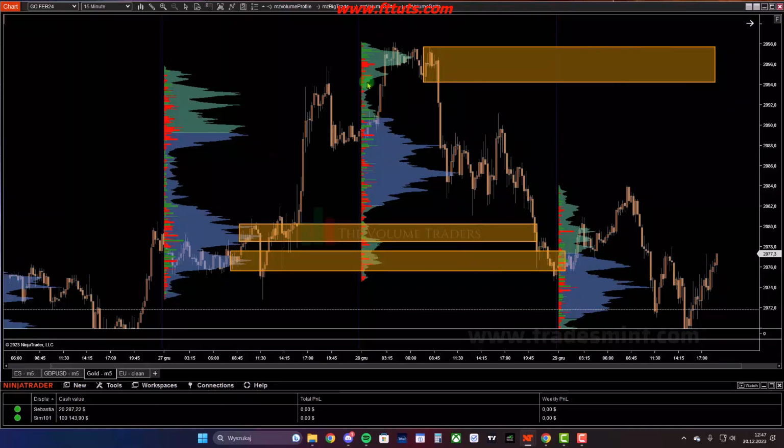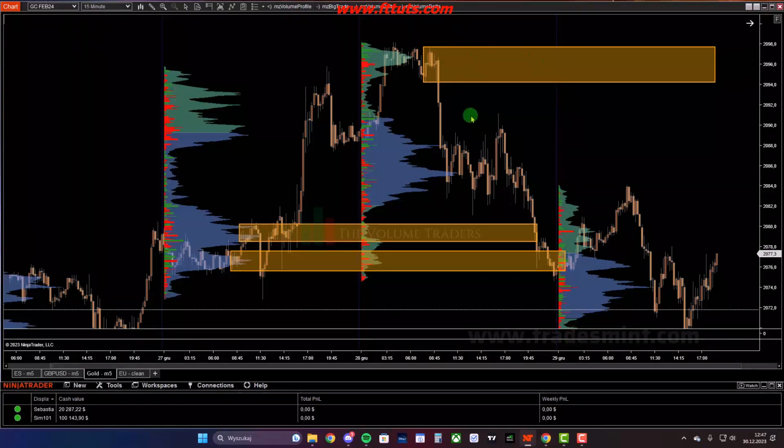But I love to use the volume profile because it confirms that it was really not just a move, for example in the end of the session, like a range, but really high volume appeared. A lot of orders got filled here. There was a fight between buyers and sellers, as we can see also in the delta. So for me, an important zone to wait for in the future.